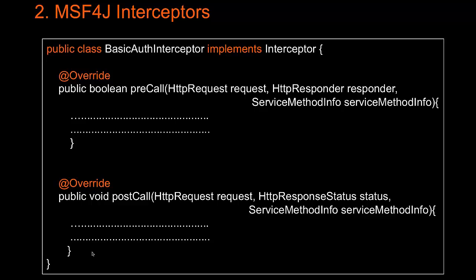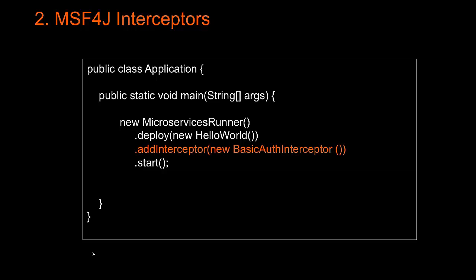Once you write this implementation, in your main method you can call a method called addInterceptor. This is how you can enable your interceptors in the current service. Let me show the sample.